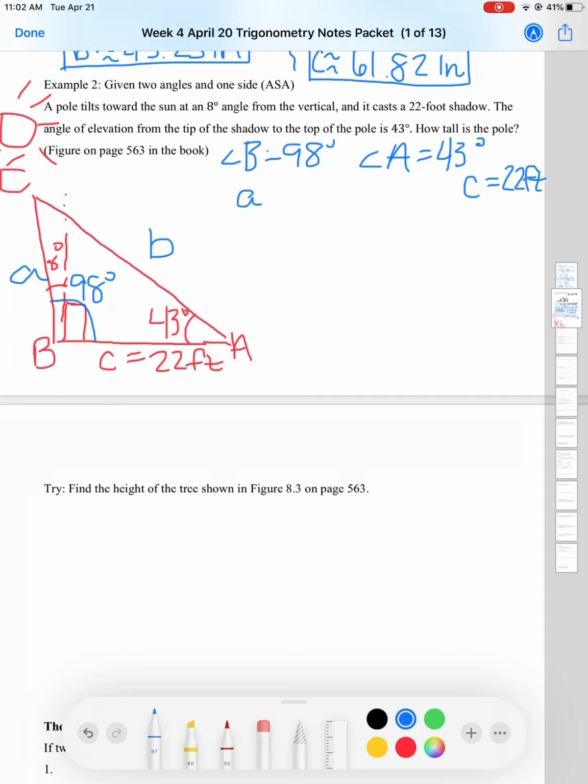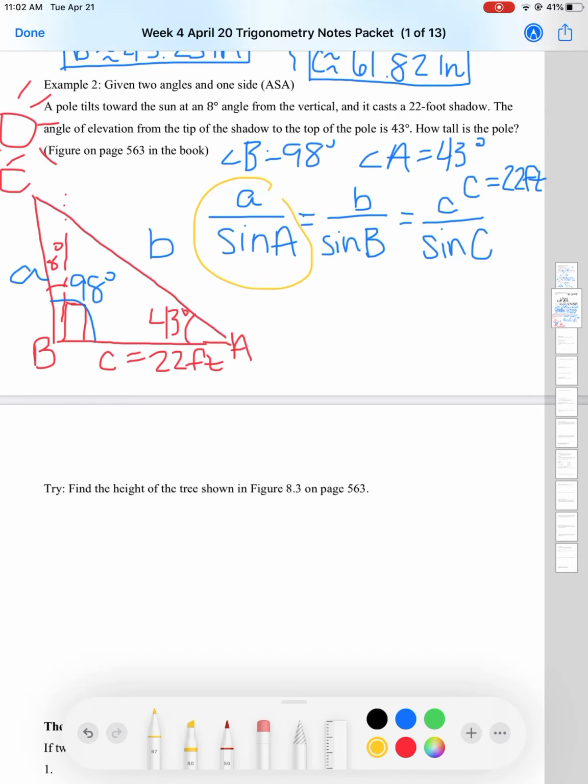Remember, A over sine A equals B over sine B equals C over sine C. Now let's think about it. We know we're going to have to use A over sine A because that's where our unknown is.